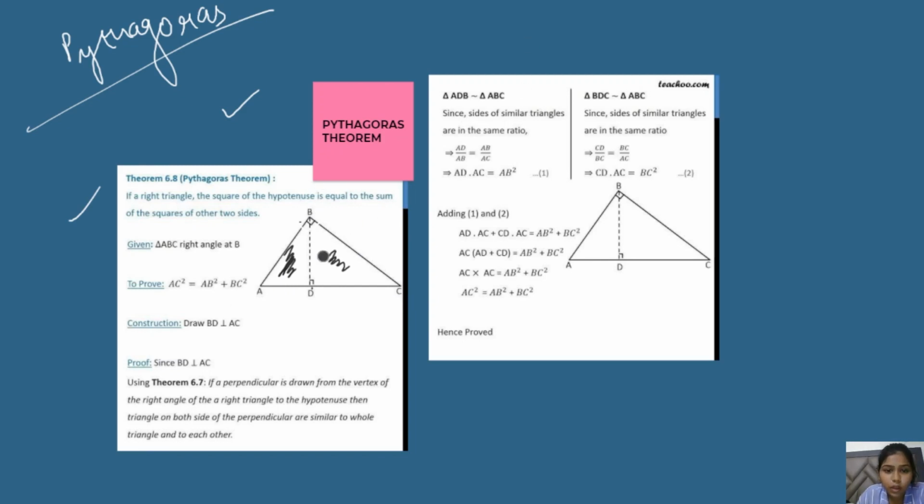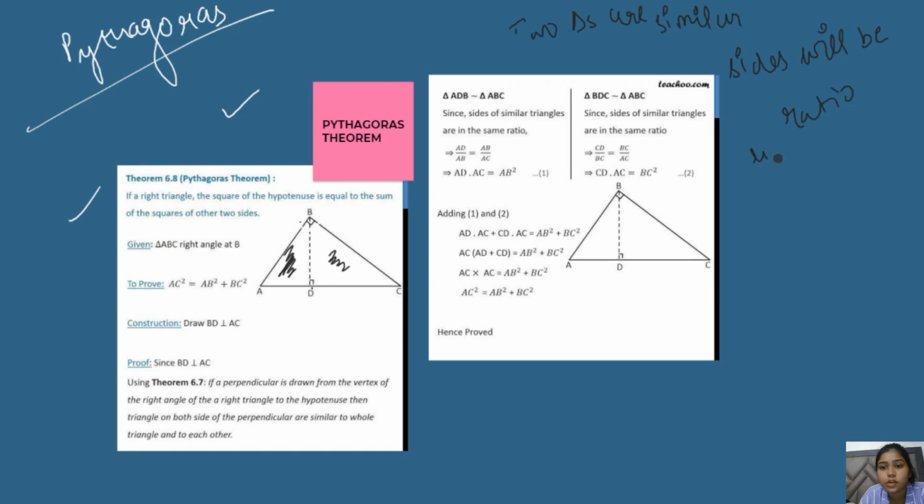So ADB will be similar to ABC, the whole one. We already know that when two triangles are similar, their sides will be in a definite ratio and their angles will be equal.